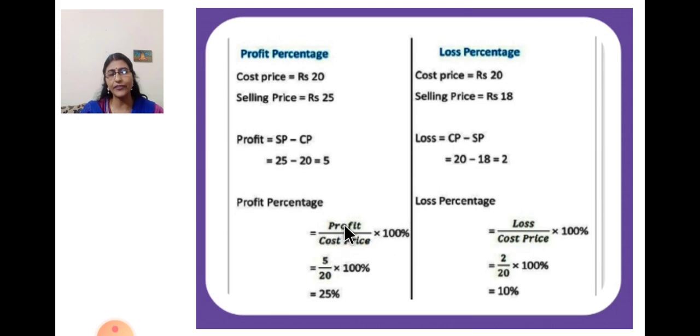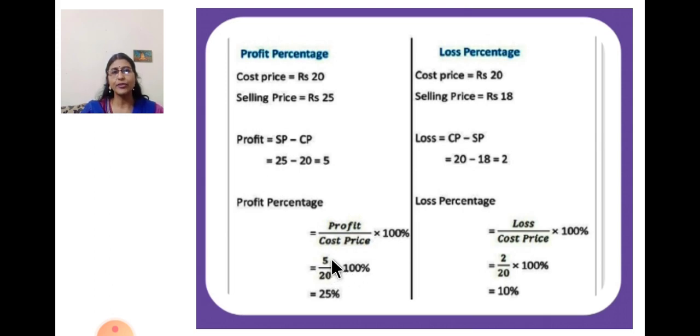We'll write profit upon cost price multiplied by 100%. So how much profit we have made? We made a profit of 5 rupees. So in place of profit we will write 5 and the cost price is rupees 20. So we'll write here in denominator 20. So 5 upon 20 into 100%. And then we will reduce it.